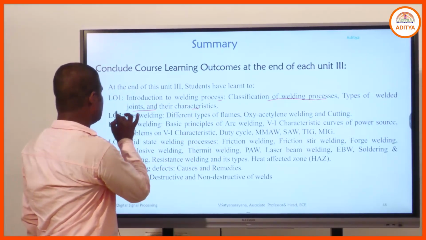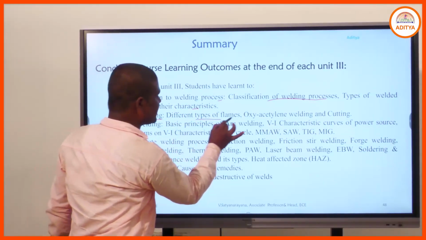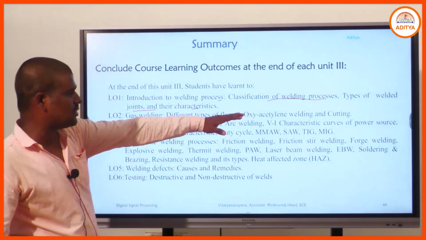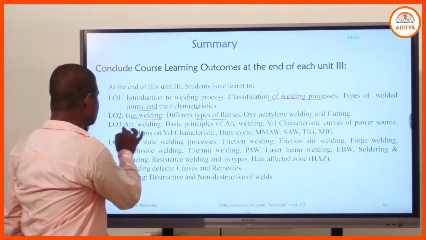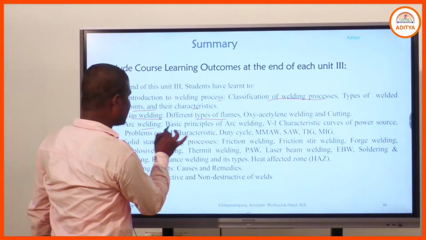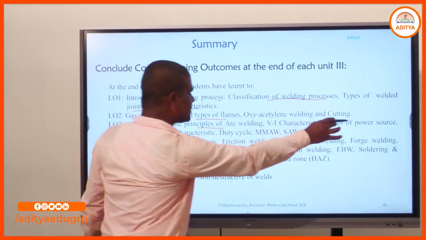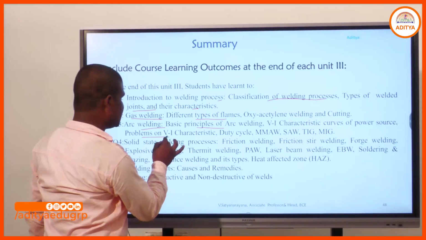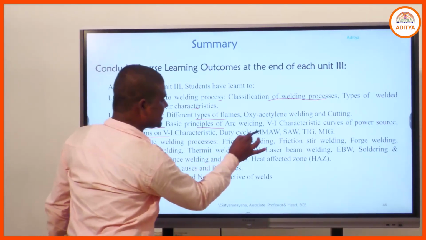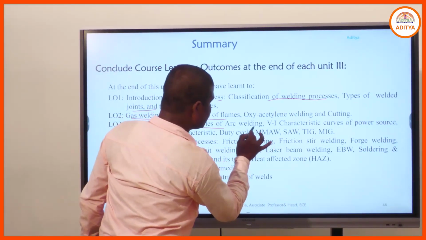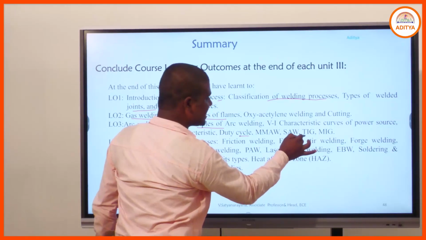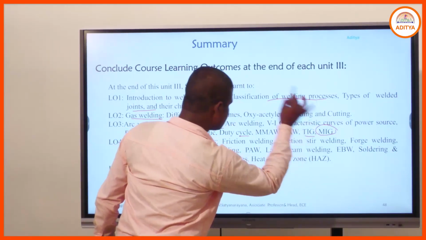Learning outcome 2 covered gas welding, different types of flames, and oxyacetylene welding and cutting. Learning outcome 3 covered arc welding, basic principles of arc welding, voltage current characteristics of the power source, duty cycle, manual metal arc welding, submerged arc welding, tungsten inert gas welding and metal inert gas welding.